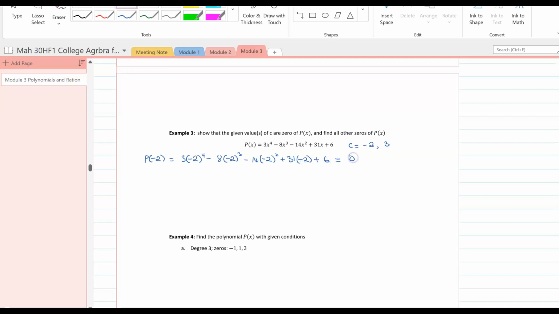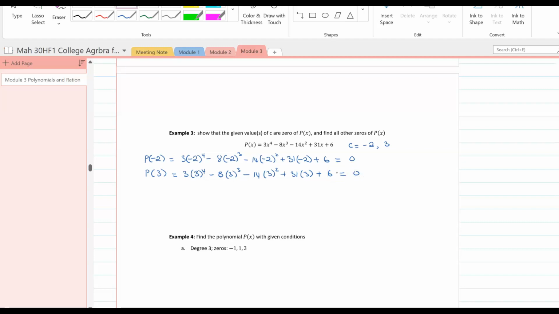Plug this into the calculator, I got 0. Okay. The next one, p of 3. Again, 3 times 3 to the 4th minus 8 times 3 to the 3rd minus 14 times 3 squared plus 31 times 3 plus 6. The calculator will also tell me that this is 0.